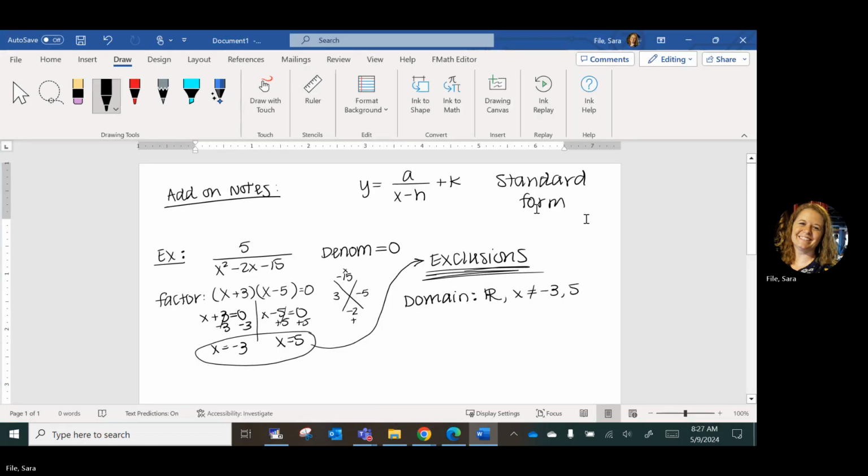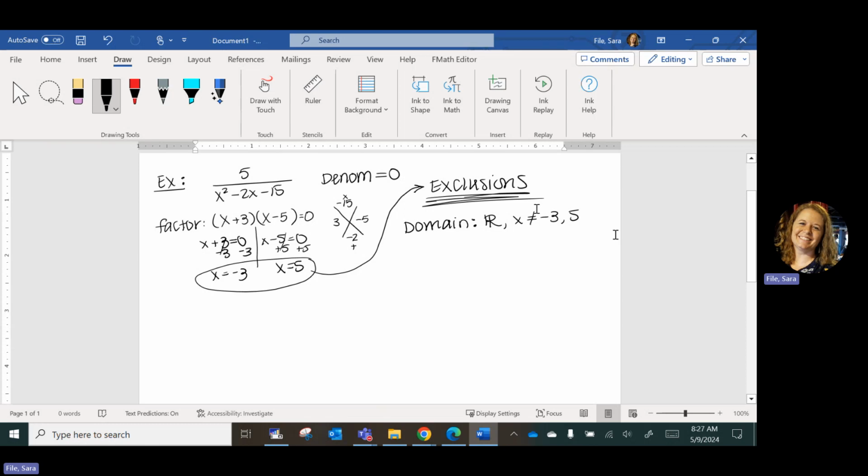Okay, now, the other thing that I want you to be able to do is not necessarily with a quadratic denominator, but what if your denominator is still linear, but there's a coefficient in front of x, something like this.